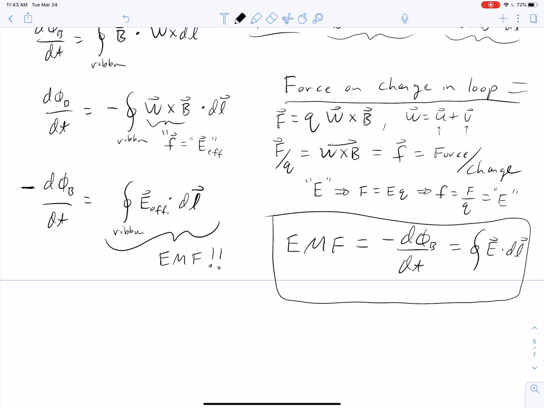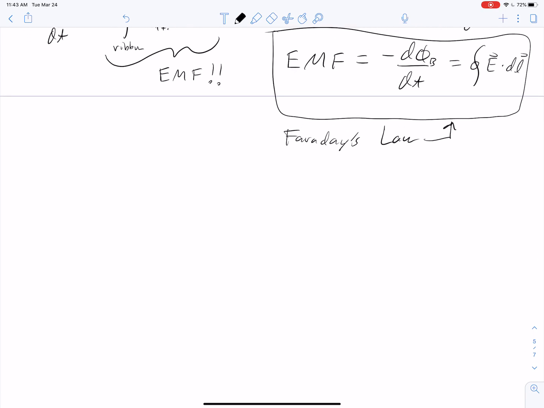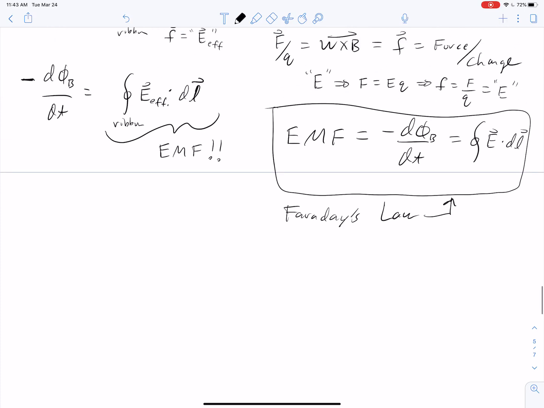That's Faraday's law. Very significant, very big deal. And so that's the hard part. Now let's do the easy part, which is to remind ourselves of the geometry of what we've just derived.